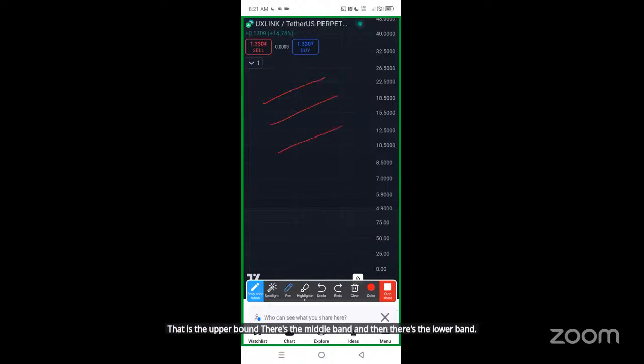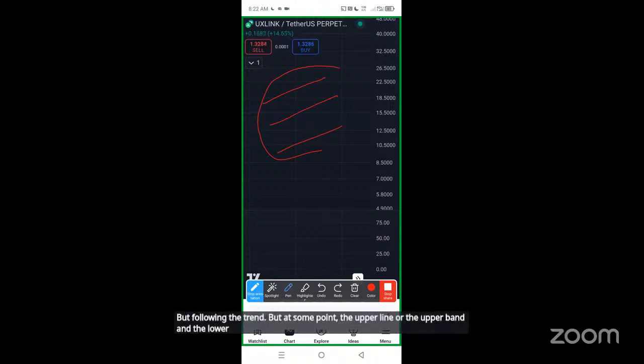These three bands tend to move almost parallel with one another, following the trend. But at some point, the upper band and the lower band tend to deviate from each other, and at some point they tend to converge towards one another. Is that understood as well?